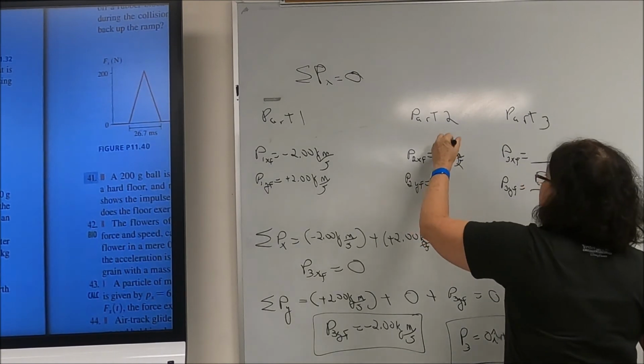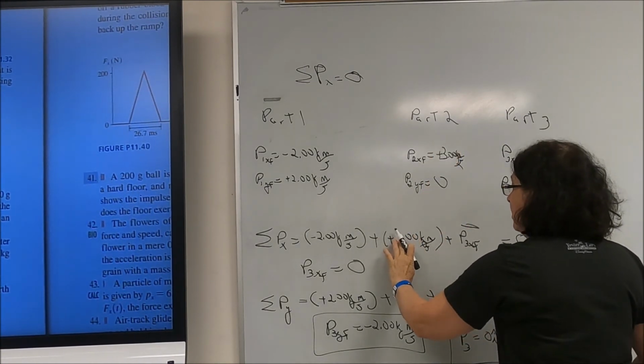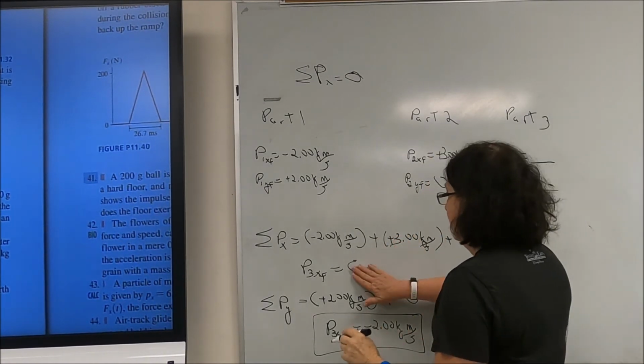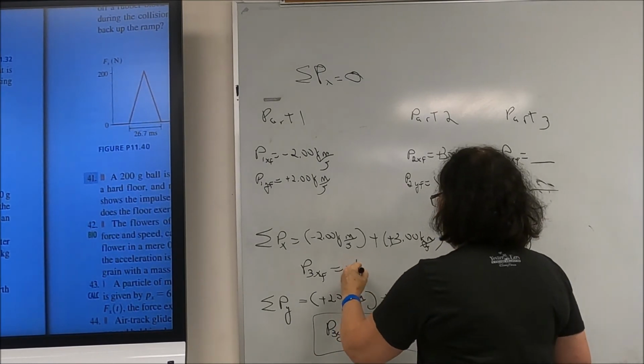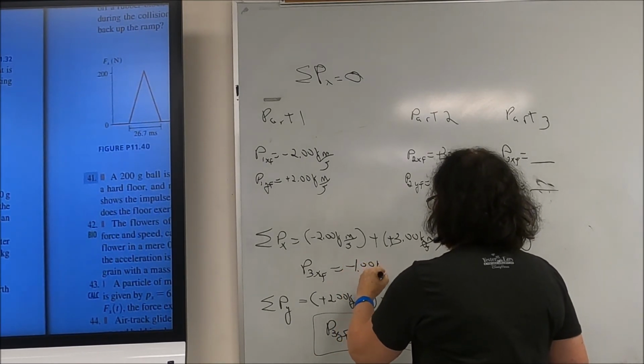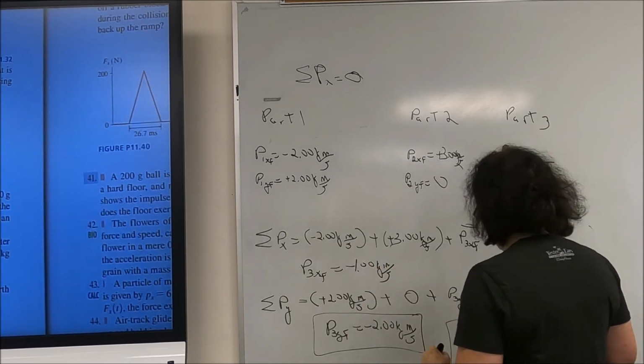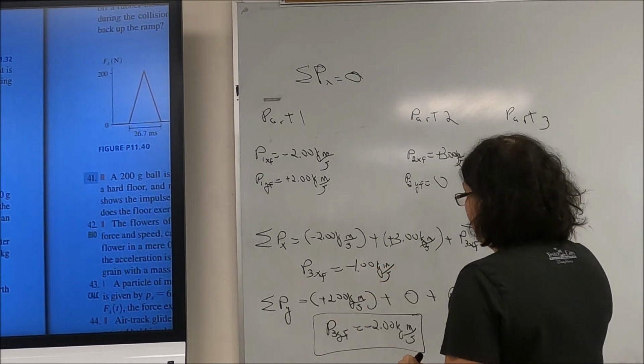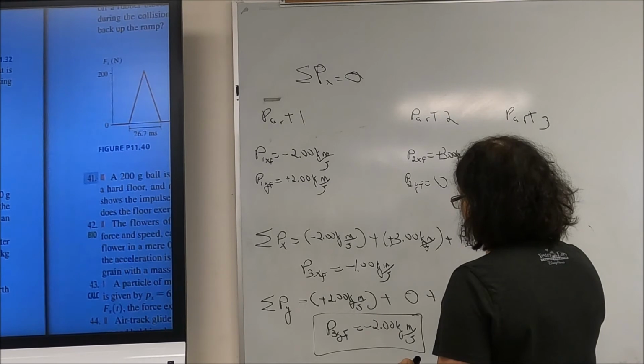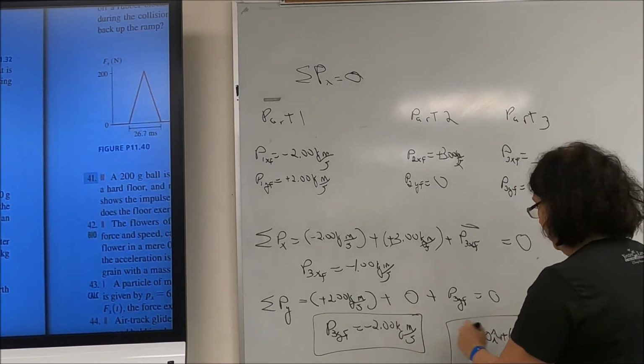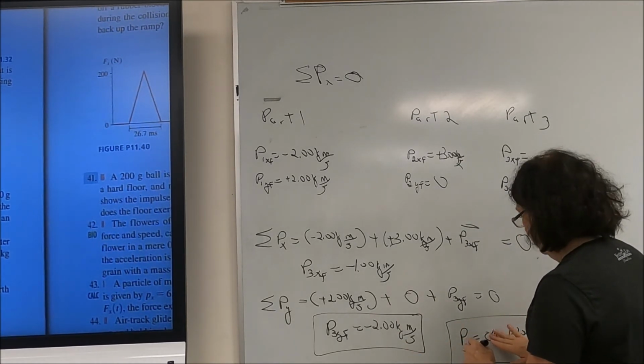This should be 3. That means this is 3. That means this has to be -1 kilogram meter over seconds. Okay? Doesn't change this.